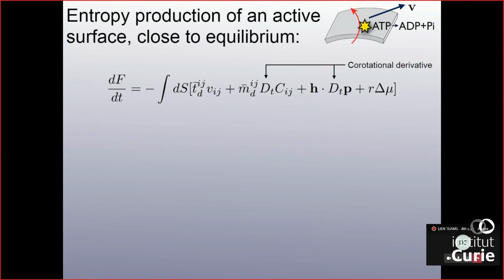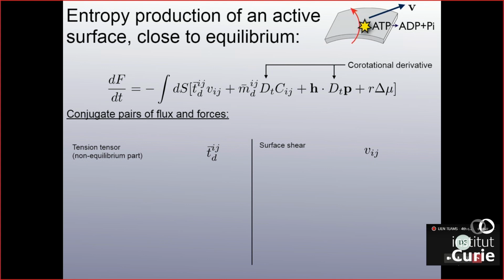Okay, so then I put all this together, and following this recipe from linear out of equilibrium thermodynamics, one can calculate the entropy production, and as expected, it takes this form here, the sum of coupled forces and fluxes.